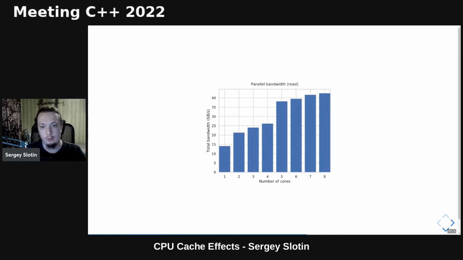If we plot the total combined bandwidth of all processes more carefully, we see that the total bandwidth actually increases with the number of cores, although not proportionally, with some diminishing returns, but it eventually approaches the theoretical limit of 32 gigabytes per second. The jump in performance between 4 and 5 cores is not a fluke.